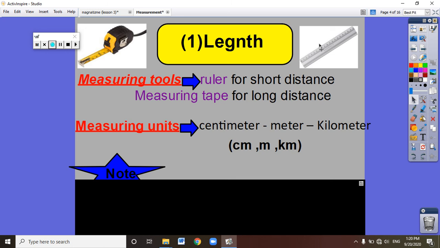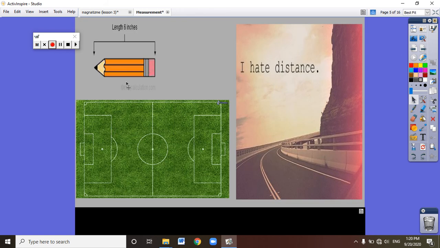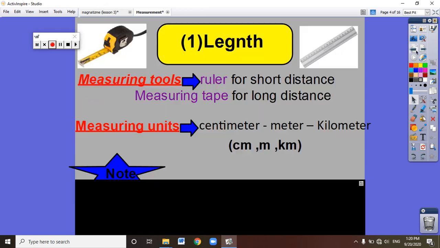I have a pencil here and I want to measure its length. I will use the ruler. The ruler is called a measuring tool.